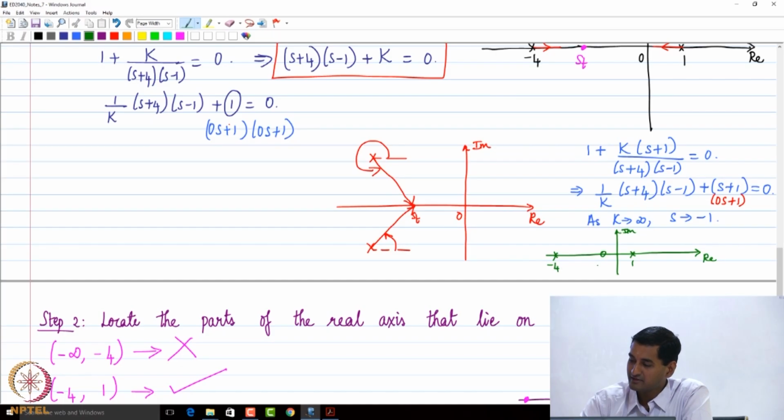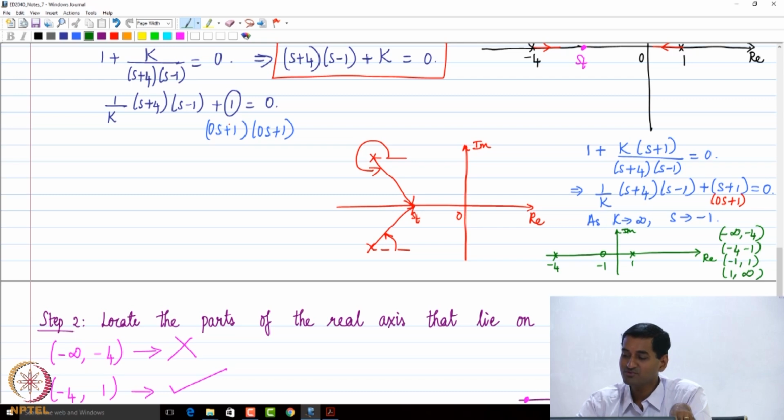0, right? So same steps, but now the only thing is that you will have 4 regions, minus infinity to minus 4, minus 4 to minus 1, minus 1 to plus 1, and 1 to infinity.